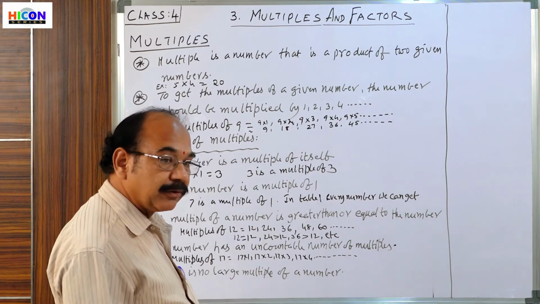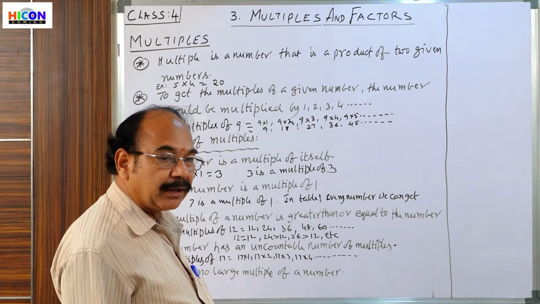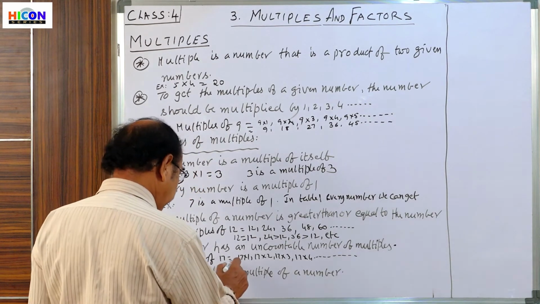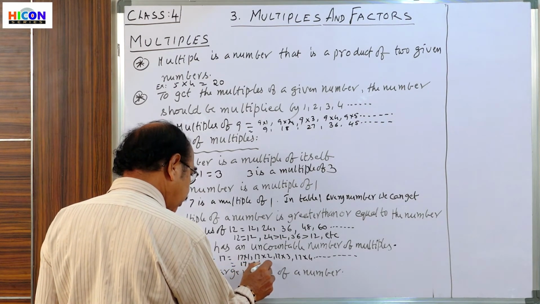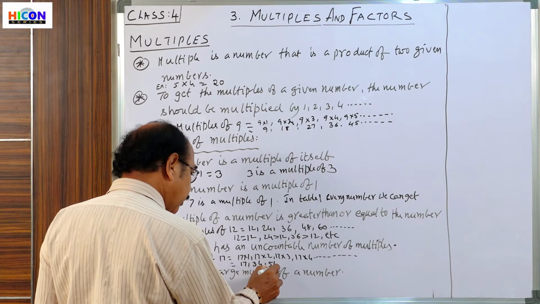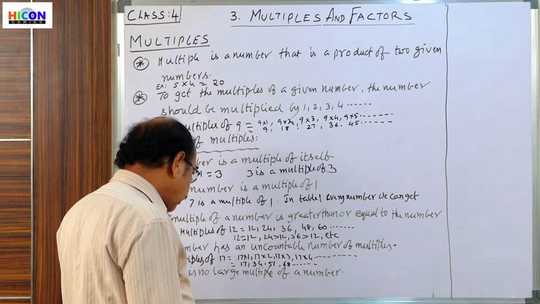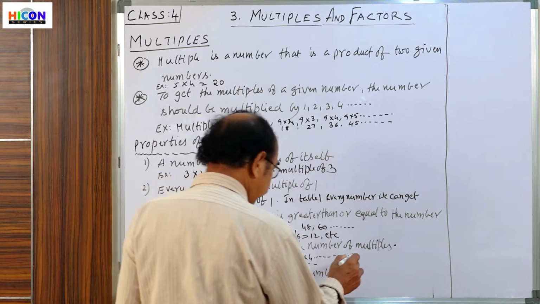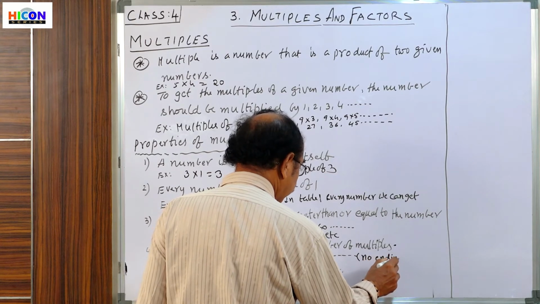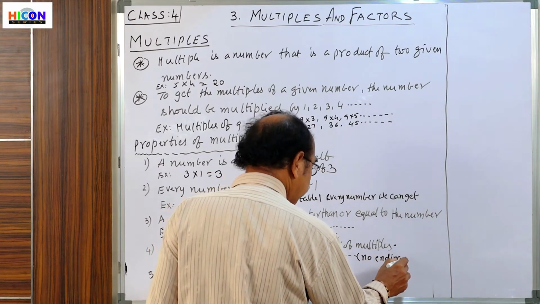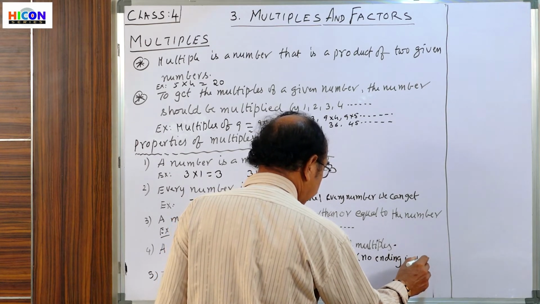There is no ending in writing the multiples of a given number. So there is no ending. That is uncountable, that is unlimited.